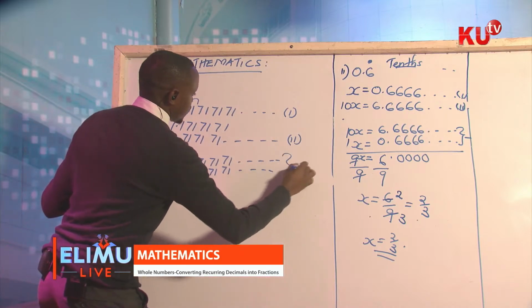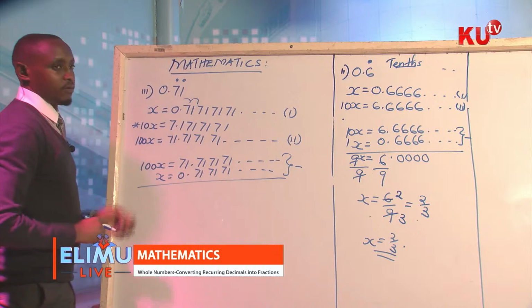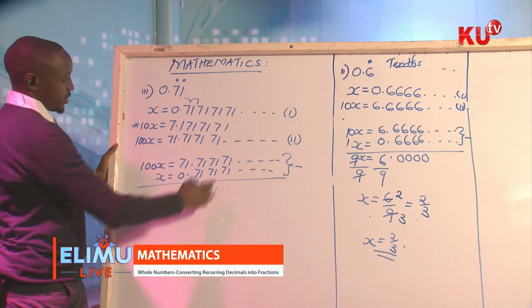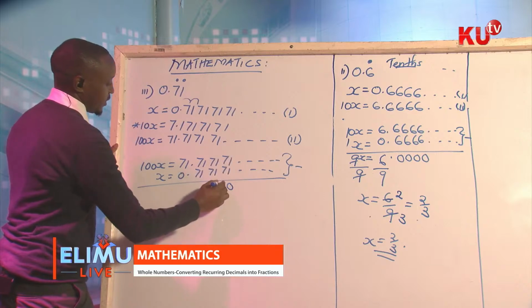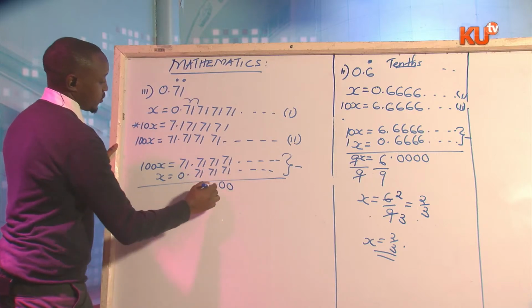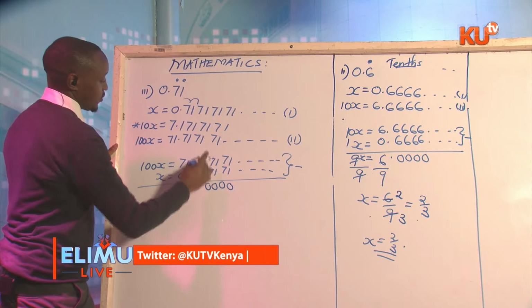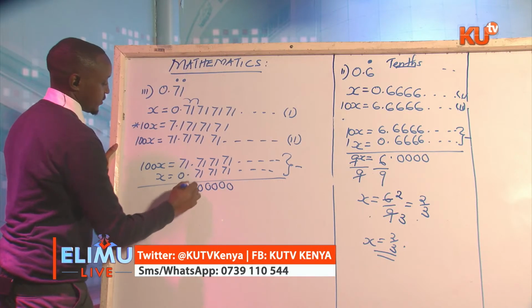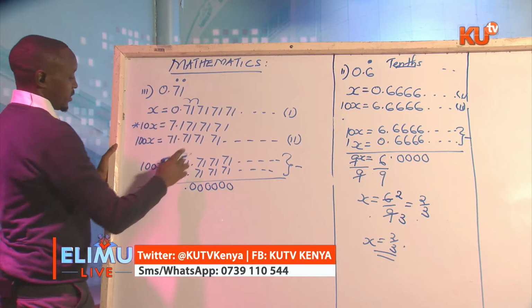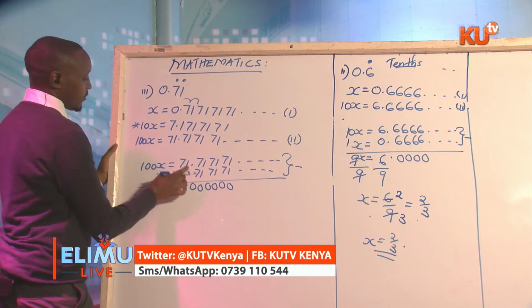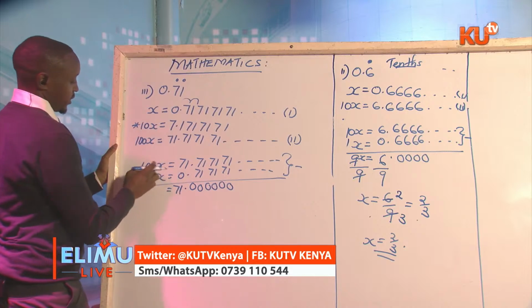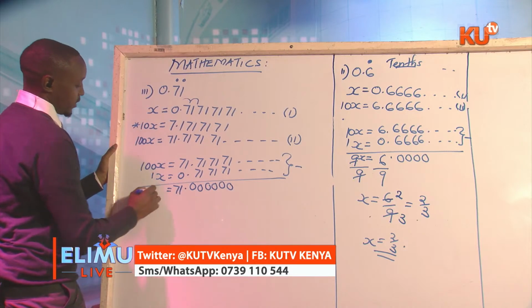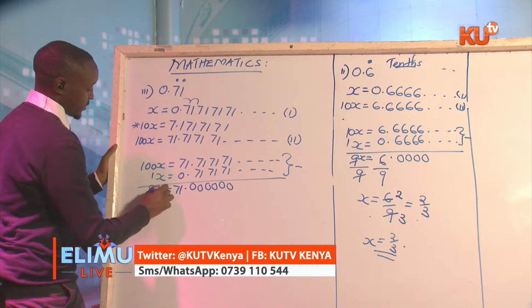Let's subtract the two equations. 1 minus 1 is 0, 7 minus 7 is 0, and so on, point. 71 minus 0 is 71, equals 100x minus 1x, which is 99x.